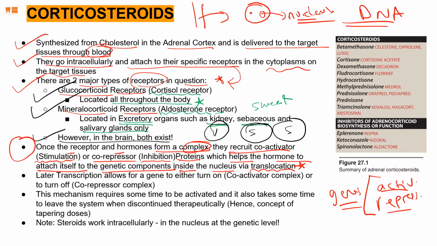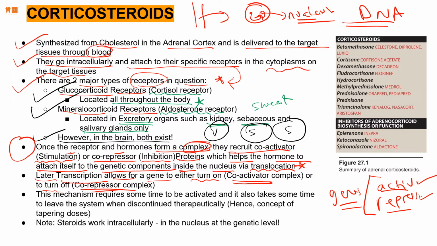So translocation allows this transition from cytoplasm into the nucleus onto the genetic composition. Later, transcription allows the gene to either turn on or turn off, either activate or repress.